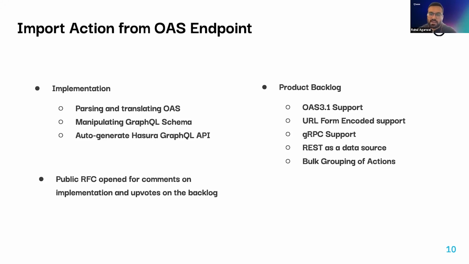So how to make your life easier navigating the number of actions, maybe grouping them by APIs or by tags. And there are other product backlog items as well. So we highly encourage you to read the RFC and upvote, provide comments on which feature you would want in the upcoming weeks or months. With that, let me stop sharing and hand it over to Danielle for a demo of this feature.